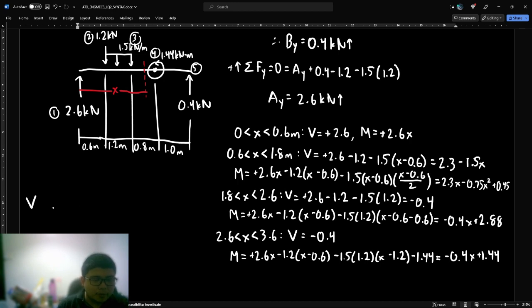With this information, we can now actually draw the shear and moment diagrams. So let's place them like this.